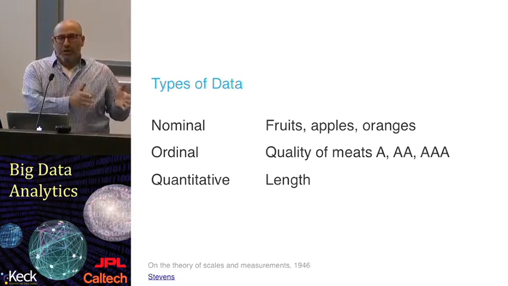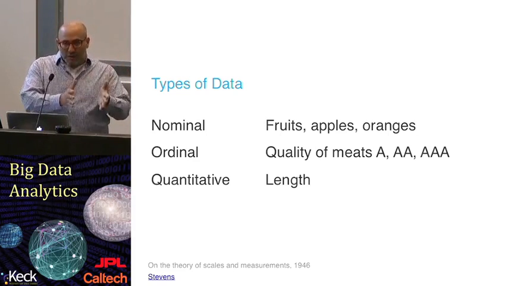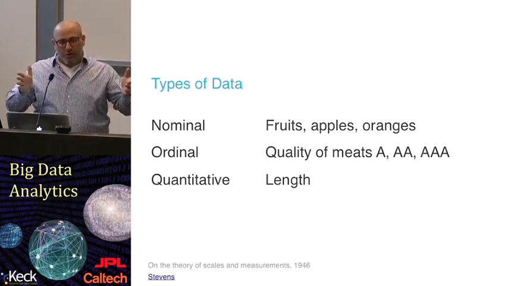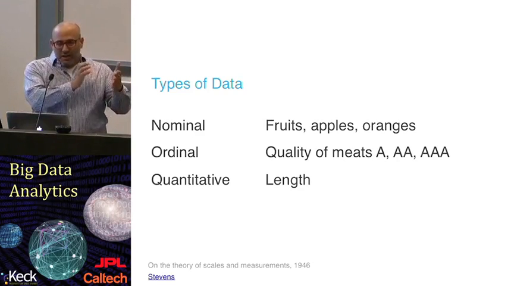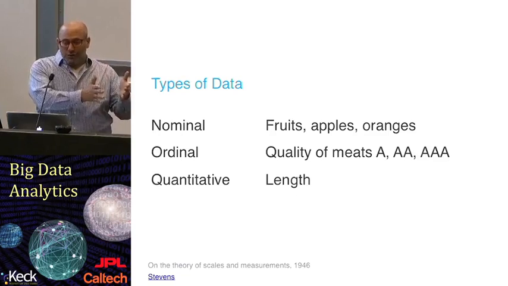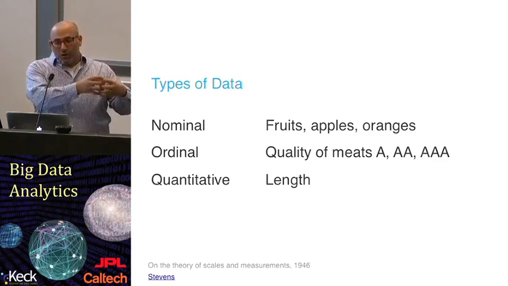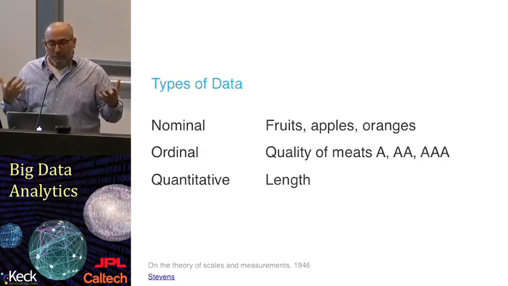The example I put here is the quality of meat, where you have A, double A and triple A. They are relative to one another, but magnitude is not important. Double A is probably not twice as good as A. And then lastly, quantitative, which is numerical and often continuous values, something like a measure such as length.